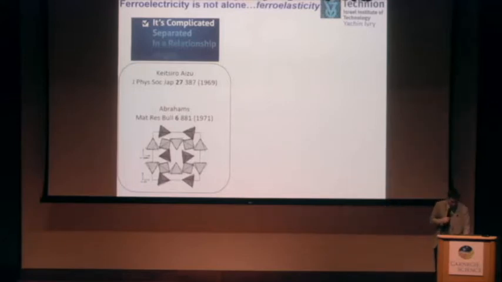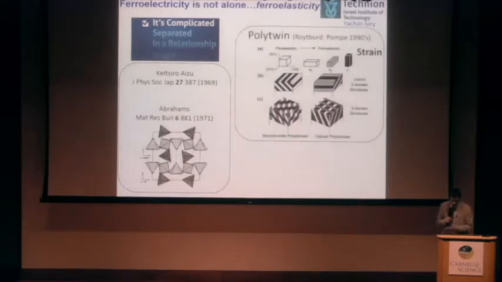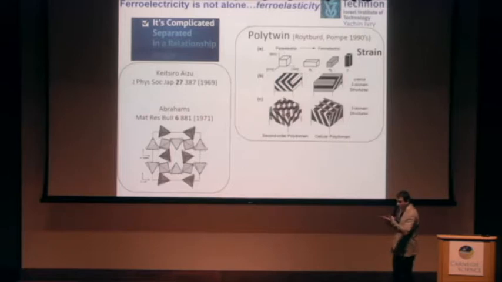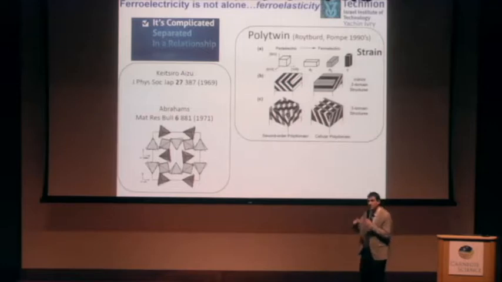When we talk about the mechanisms and structures, since about the 90s Roitburd gave very nice explanations about the organization and formation of domains in polytwins, and maybe Pompe also emphasized the interplay between ferroelasticity and ferroelectricity.